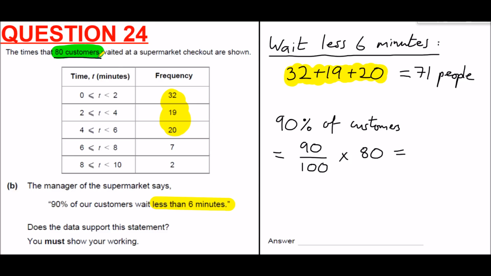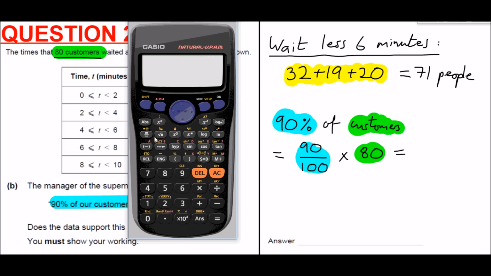And because there are 80 customers, and the manager's claiming that 90% of them wait less than 6 minutes, 90% of 80 is 72.